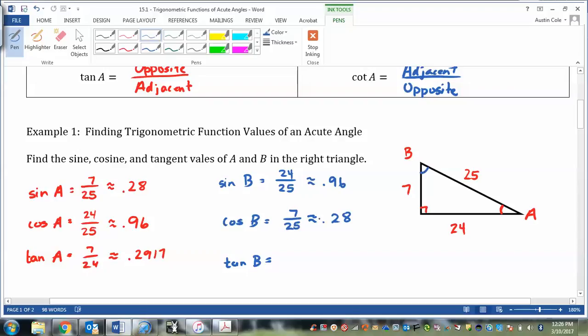And then our tangent is going to be the opposite over the adjacent, so 24 over 7, which is going to equal 3.4286. Questions there?